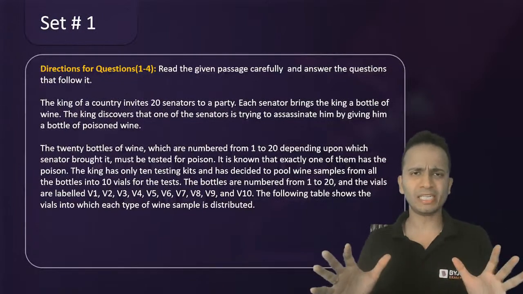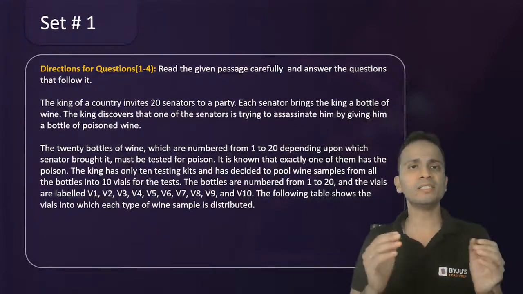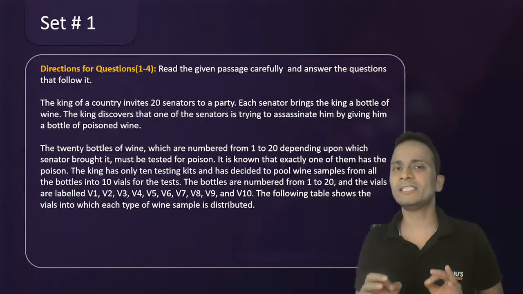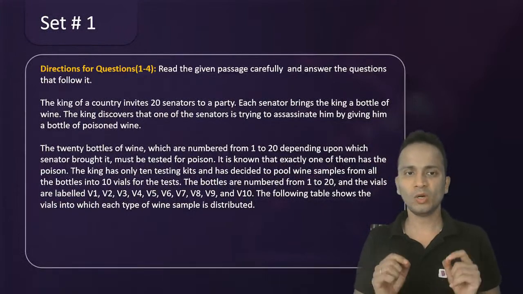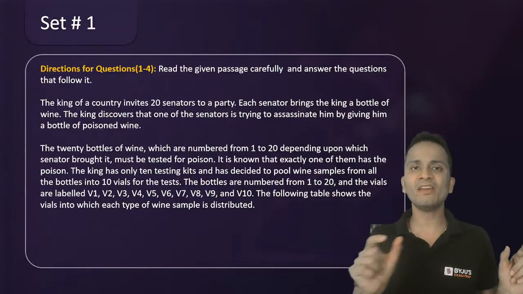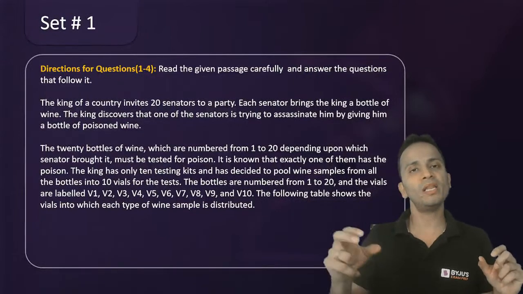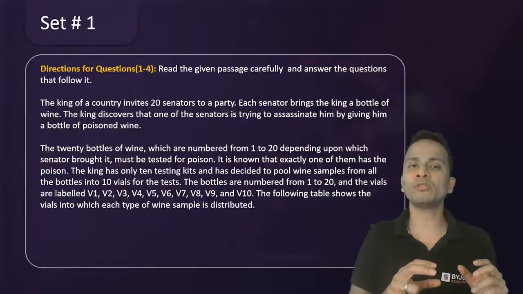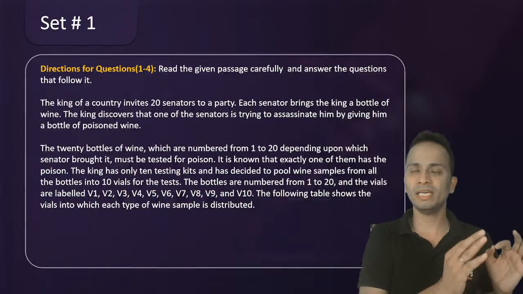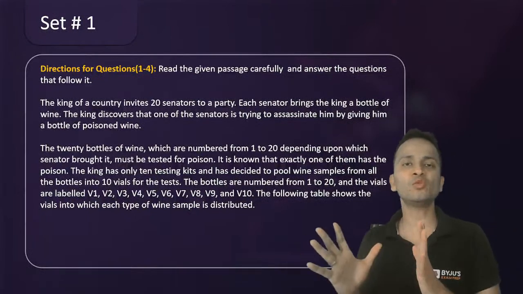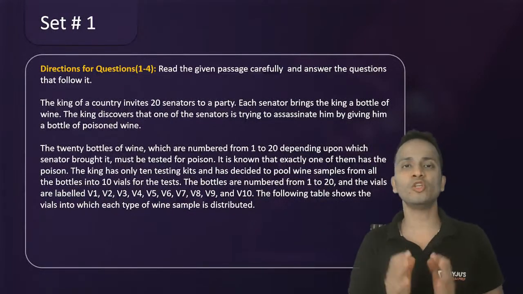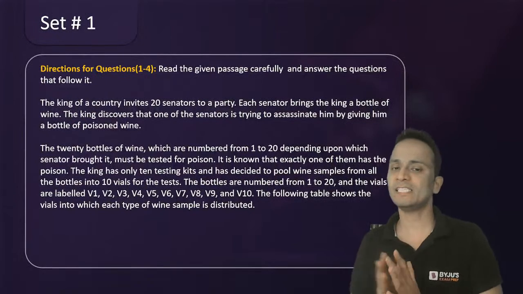Okay, a very simple data. 20 bottles of wine, since we have only 10 testing kits. So what we'll do is we will take 10 vials, and in each vial a combination of different bottles of wine will be inserted, and then these vials will be tested using 10 different testing kits.